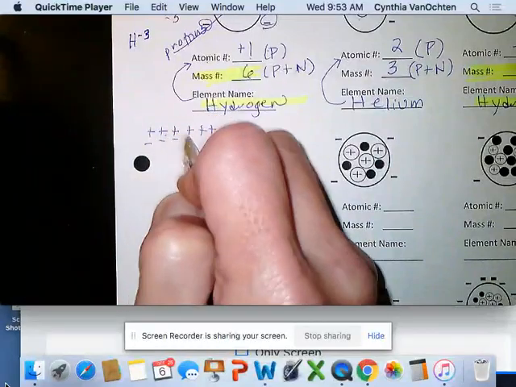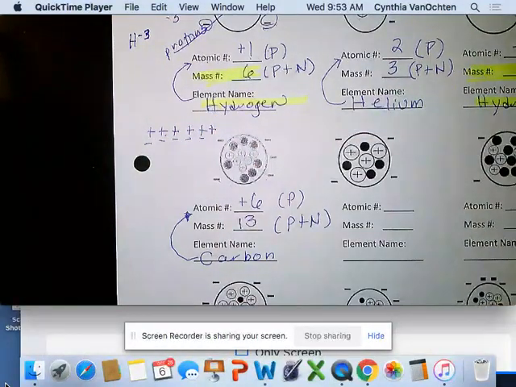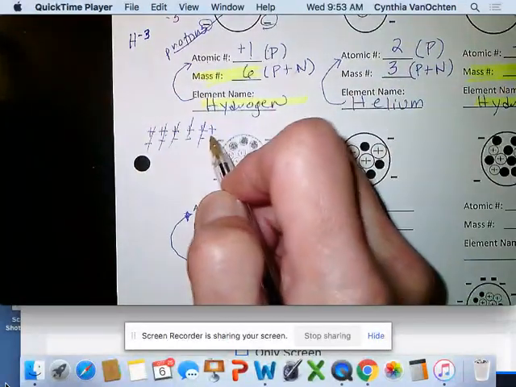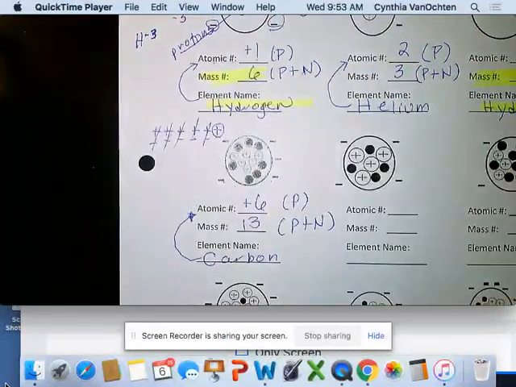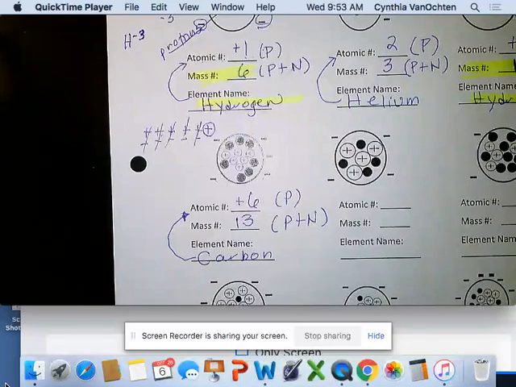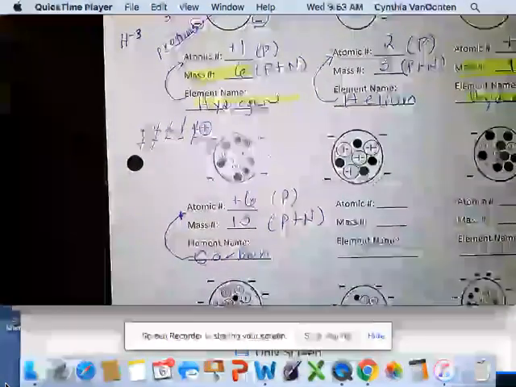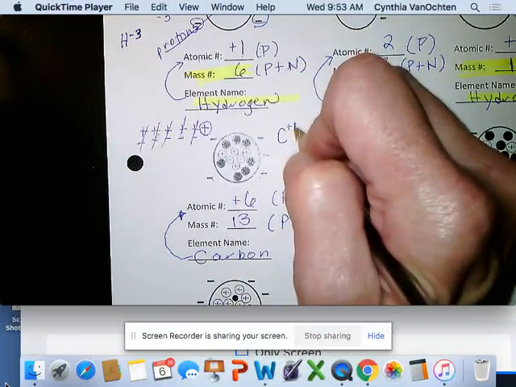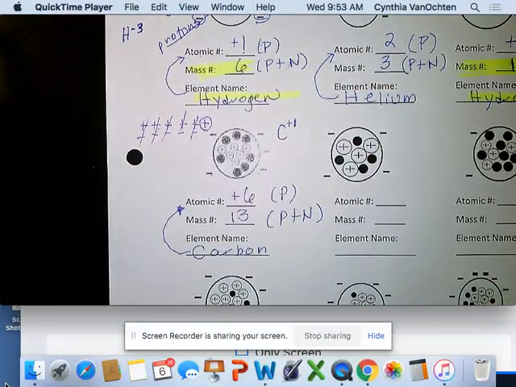So 1, 2, 3, 4, 5. Now look, these are going to cancel each other out. This is an atom that, for one reason or another that we'll talk about later, lost an electron. So it has a positive 1 charge. So how we would write this is carbon plus 1. Okay, that's how we would write that. It's got a positive 1 charge.